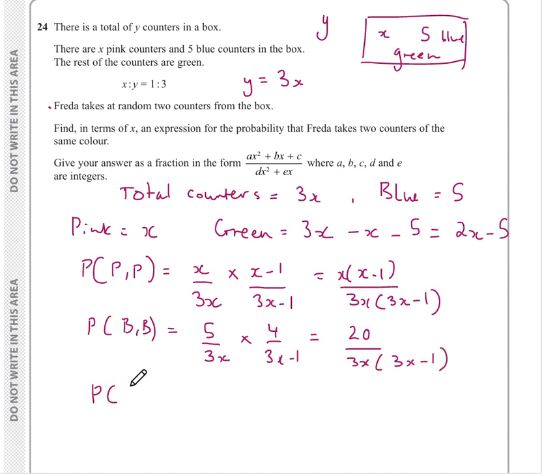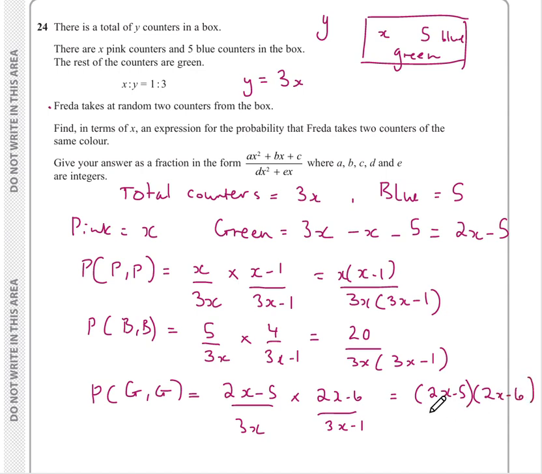And then we want the probability of green and then green, which is going to give us 2x minus 5 for the first choice over 3x. And then if I take out one of those, I'm going to have 2x minus 6 choices over 3x minus 1. That's going to give us 2x minus 5 times 2x minus 6 divided by 3x minus 1.